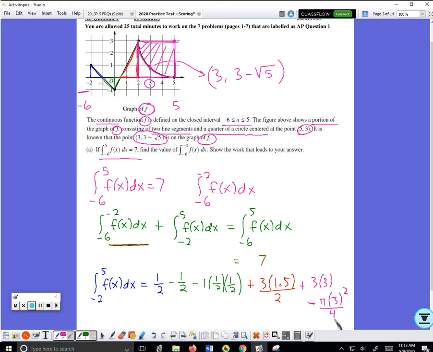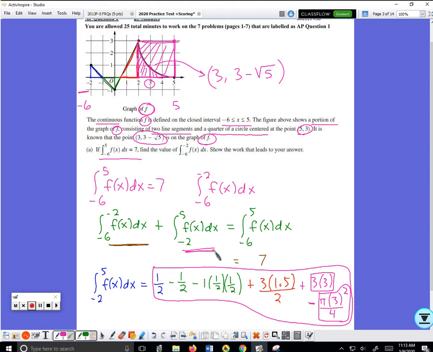So by taking the area of the square and subtracting the area of the quarter circle, I get the area I need here to finish solving the integral. So that big expression is my value for this integral.